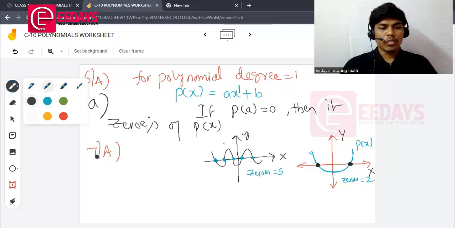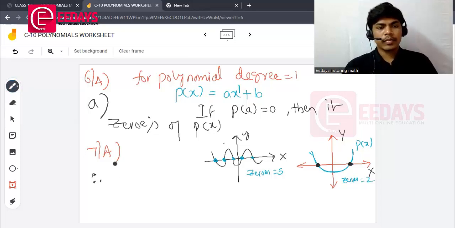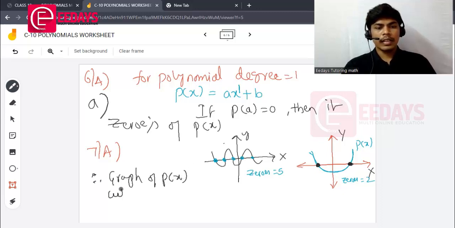Okay. So finally, we can conclude that the graph of p of x cuts the x-axis.